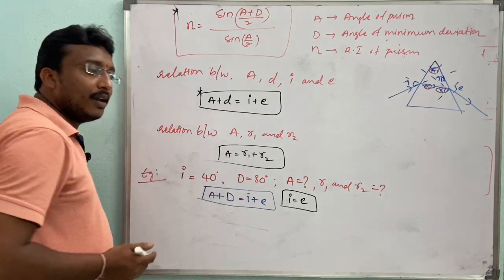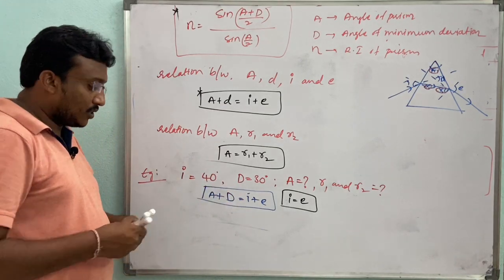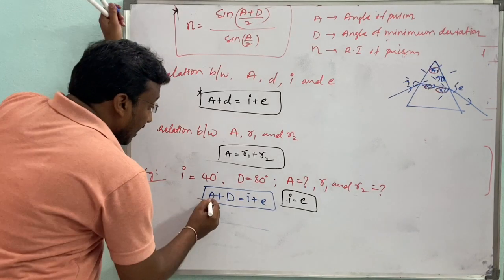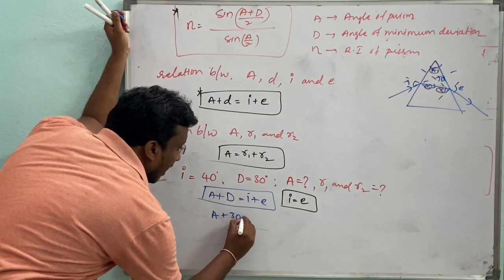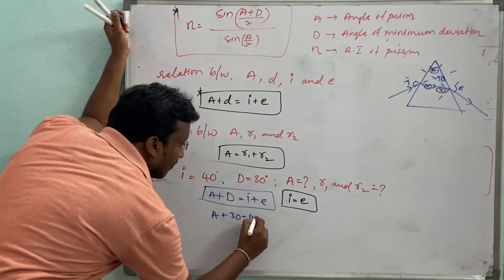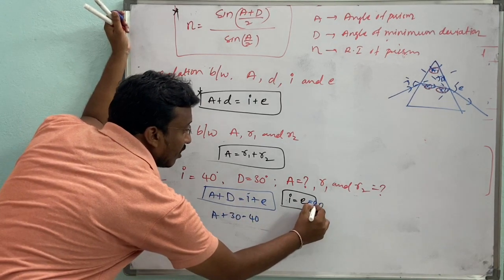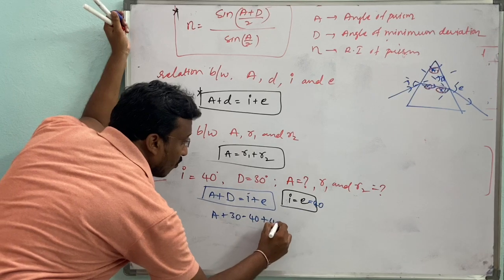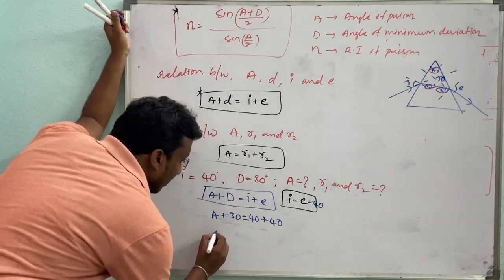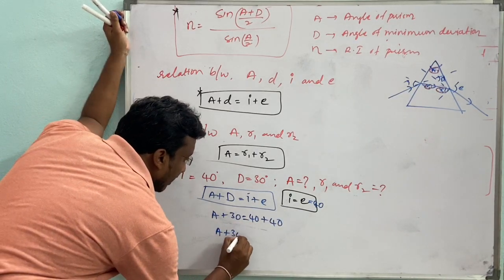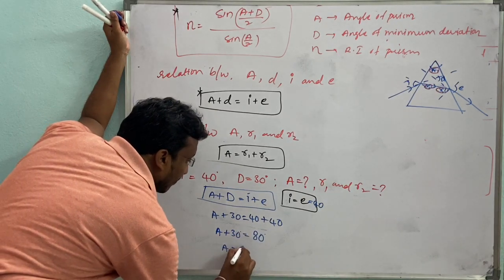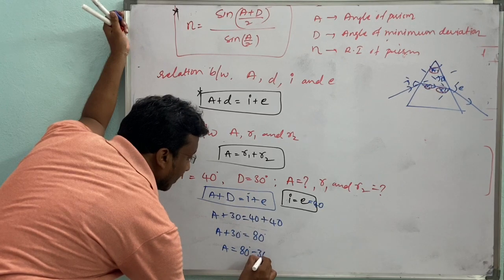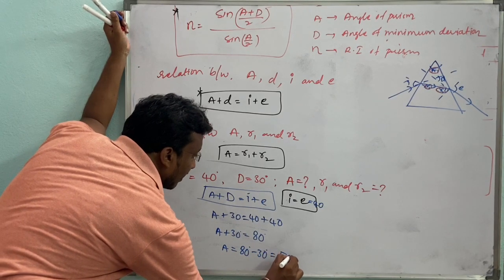So obviously A plus D equal to 30 and I equal to 40. That means E is also 40, no? Got it? Then A plus 30 equal to 80 degrees and A equal to 80 minus 30 degrees, that's equal to 50 degrees.